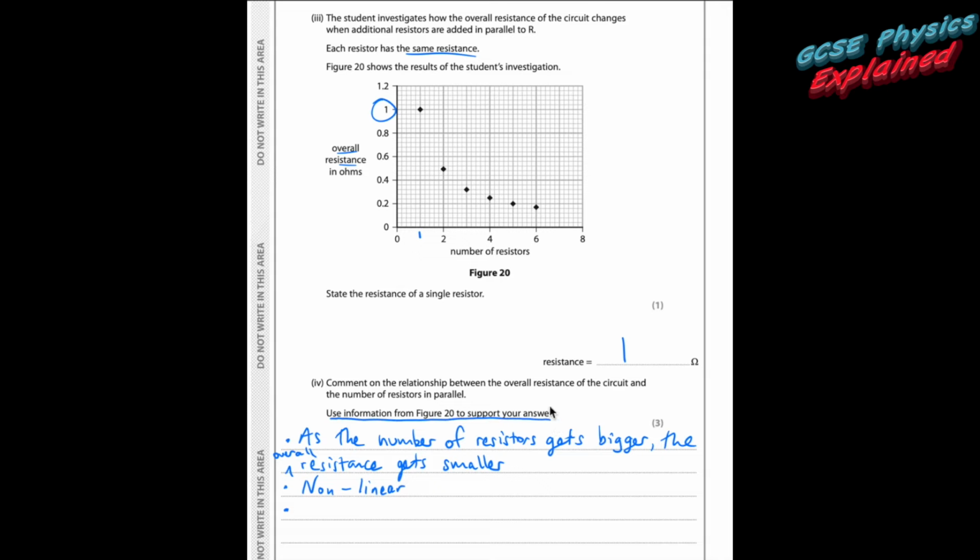Okay, so we'll say, for example, when we've got 2 resistors, the resistance was 0.5, and when we've got 5 resistors, the resistance was 0.2. So that proves that as the number of resistors got bigger, the overall resistance got smaller.